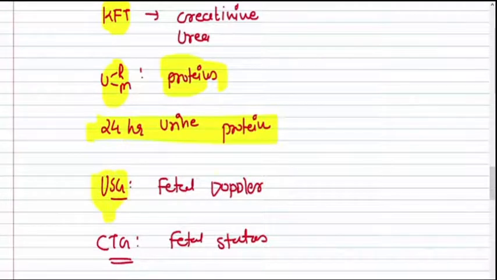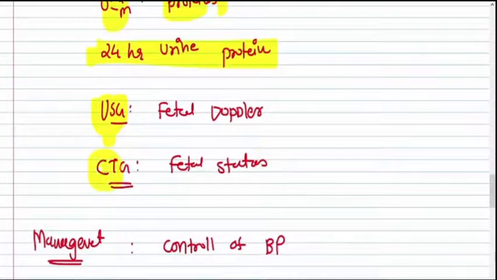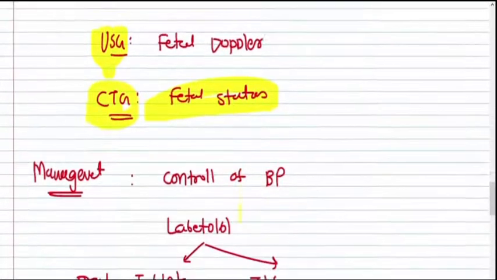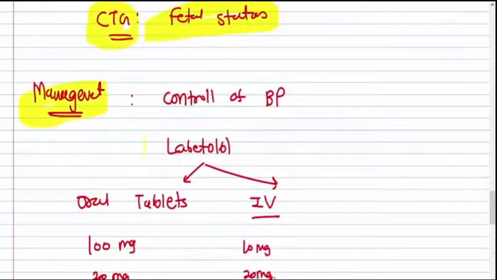On ultrasound you will give more importance to colored Doppler or fetal colored Doppler to make the fetal status reassuring. The CTG, that means cardiotocography, should be done frequently in this kind of patient to again reassure the fetal status.